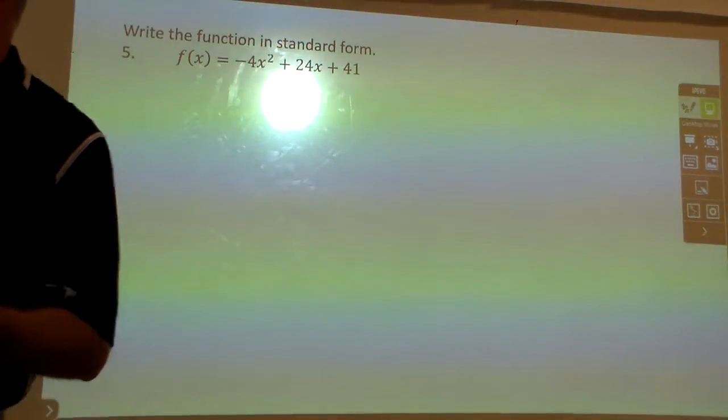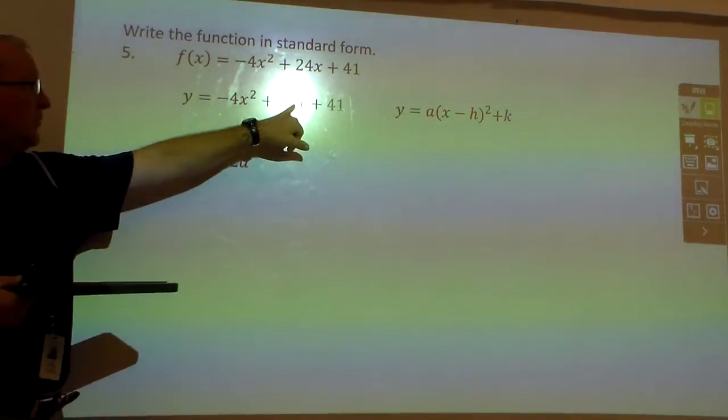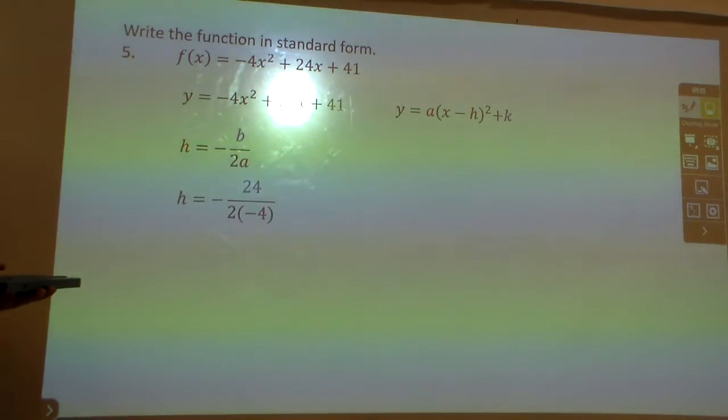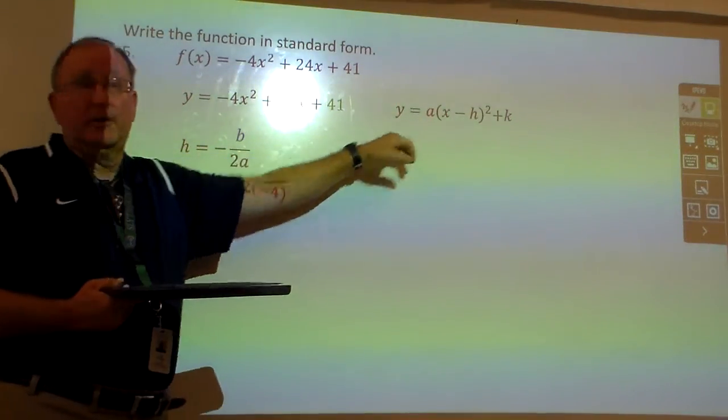So let's do one more of those. We're going to do the same thing here. On this one, first off, b is 24 and a is -4. So I already know that a is -4, right?